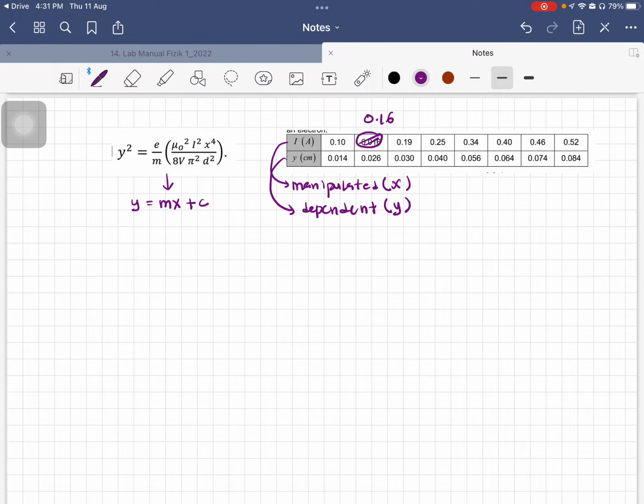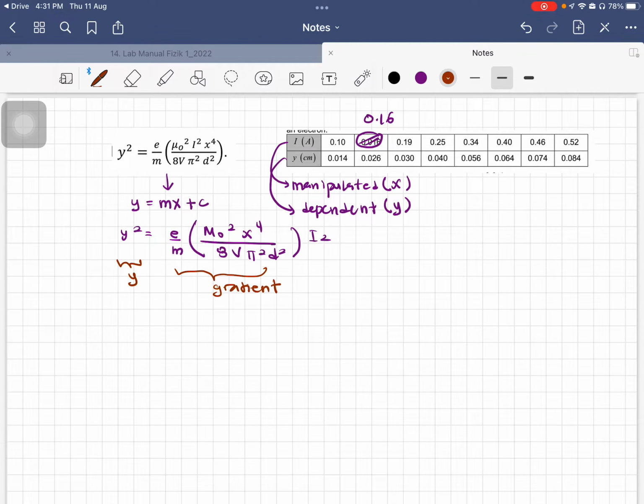So what happens here is you will have this equation: y square equal to E over M, mu naught square x to the power of 4, over 8 pi square t square, times I square. You will have this as your y, this as your gradient. I will call it gradient so you are not confused with this m, which is a different m. And this is your x-axis.